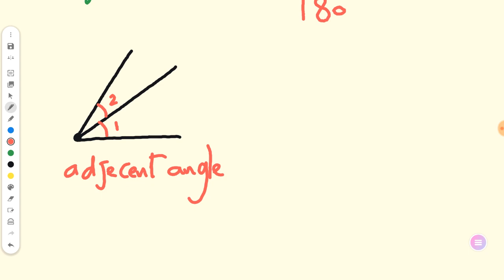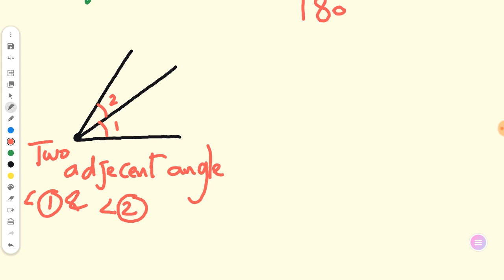So angle 1 and angle 2 are two adjacent angles. So adjacent is always between two angles. You can't say one angle is an adjacent angle. No, two angles are adjacent.